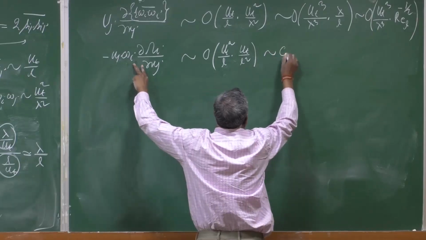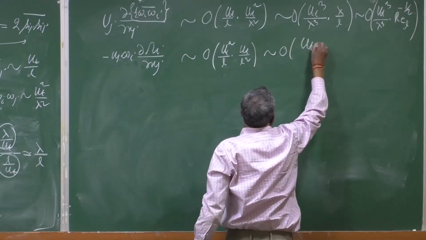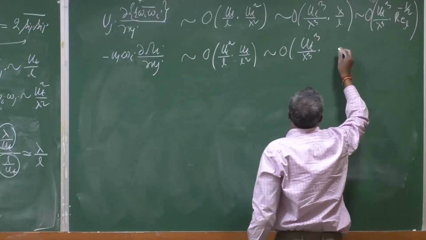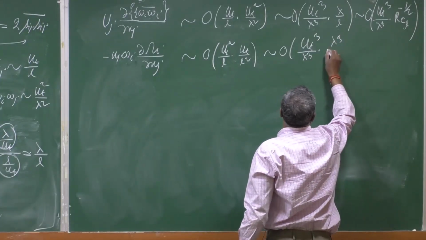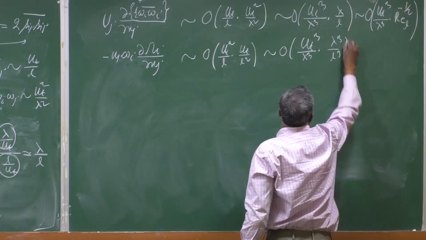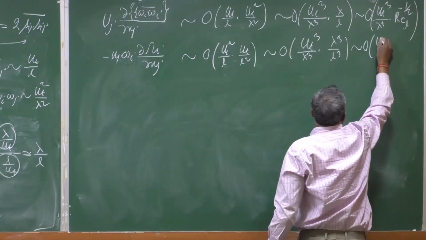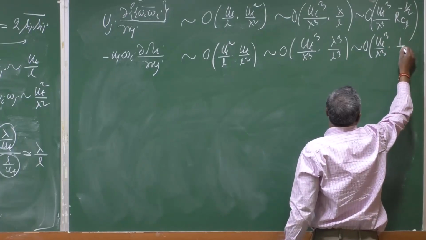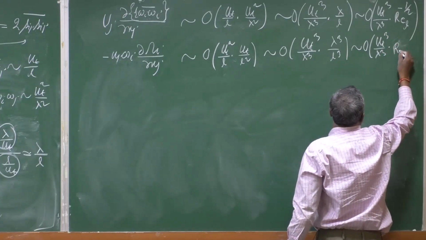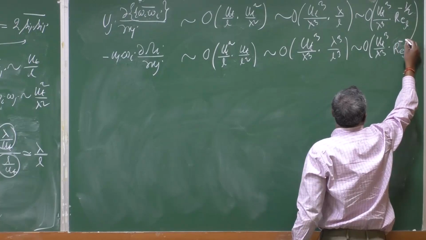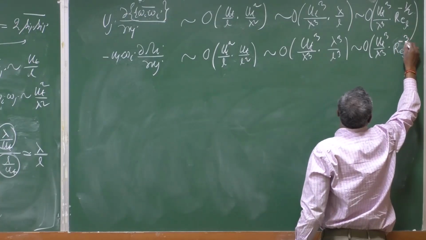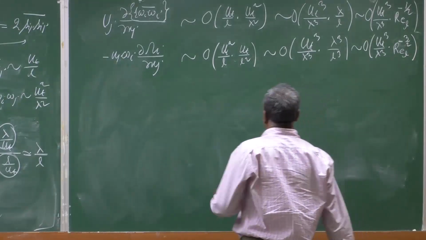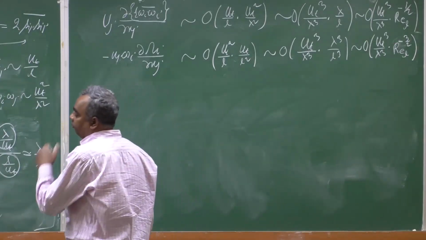So, this is order of u_t cube by lambda cube and lambda cube by L cube, order of u_t cube by lambda cube into Re_L to the power of minus 3 by 2. Okay. This is the order of magnitude of the second term.